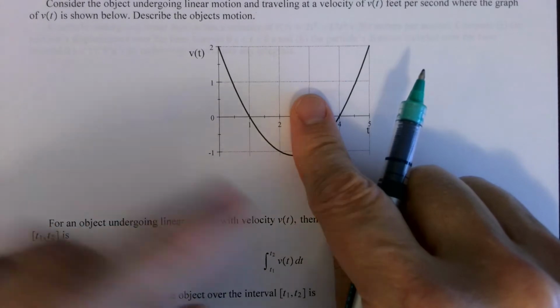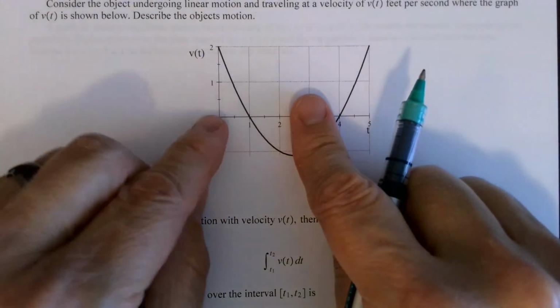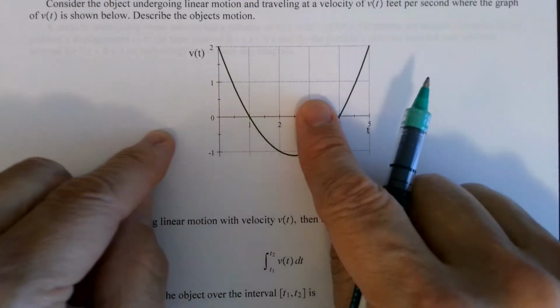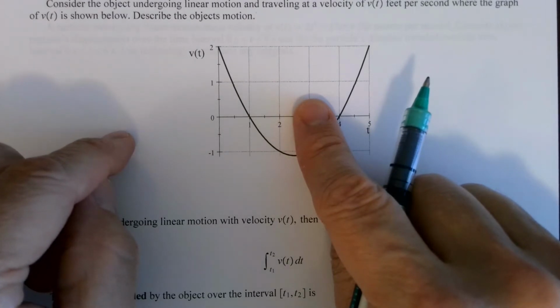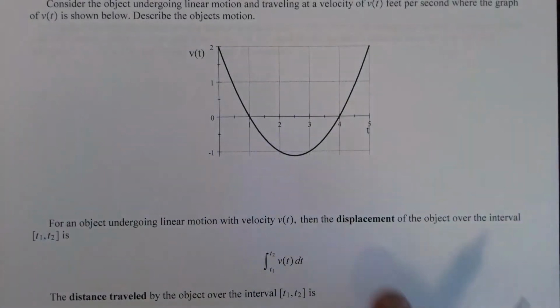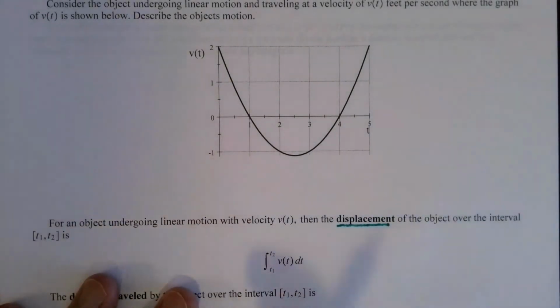Your net change is 0. What does that mean? You've been moving to the right, and then at 1 second you switch and move to the left. At some point you're right back where you started from, so your net change in position is 0. That's what we call the displacement. Your displacement is just integrating that velocity function over that time interval.